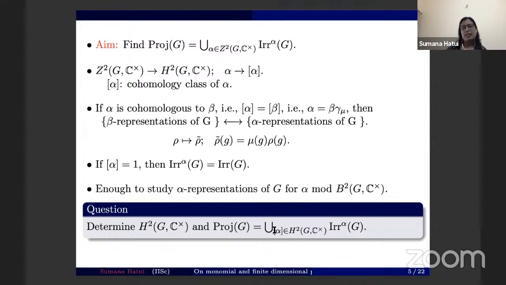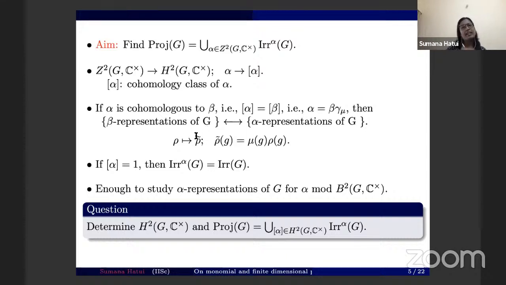From this class you can pick one alpha. If alpha and beta are cohomologous, meaning they are the same element in H2(G, C*), then the beta representations and alpha representations of G have a bijective correspondence.